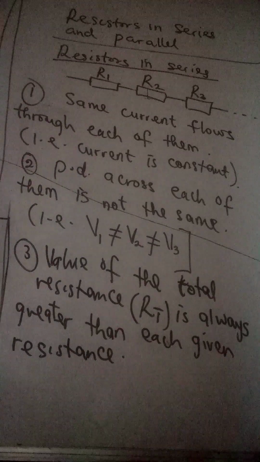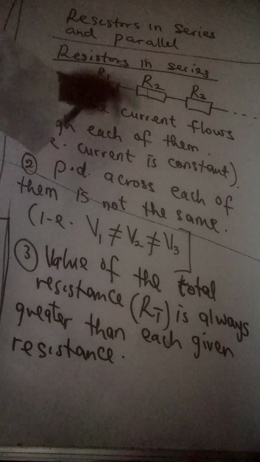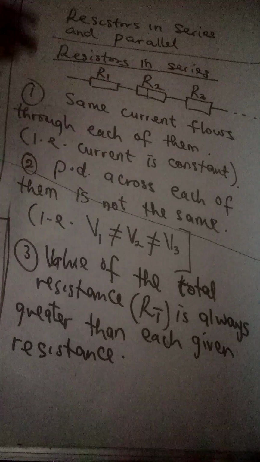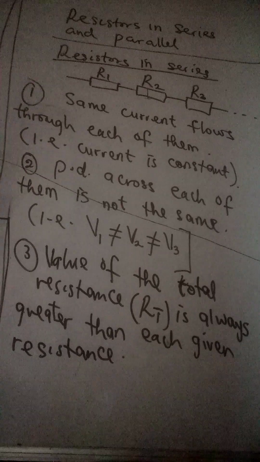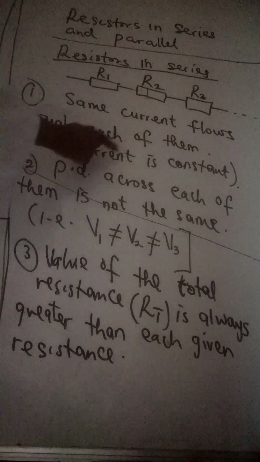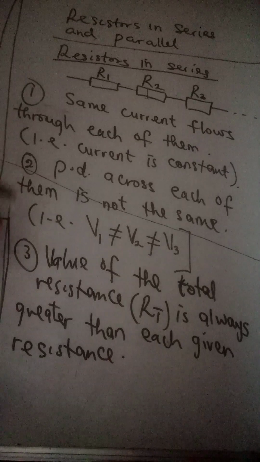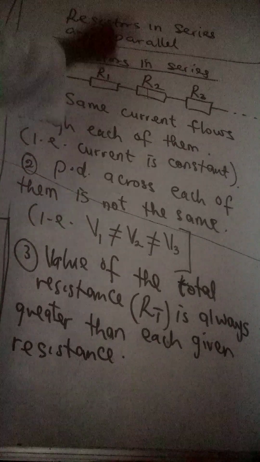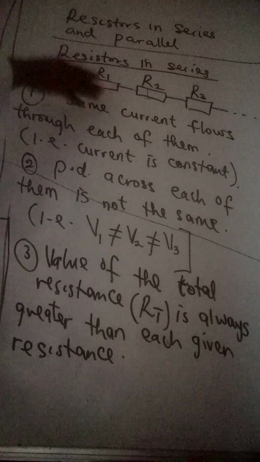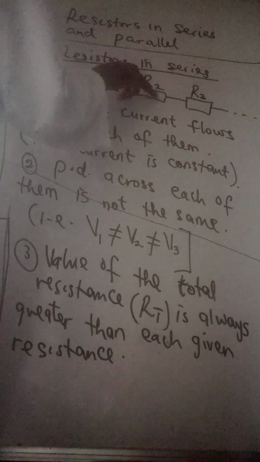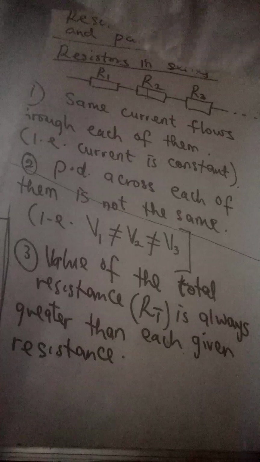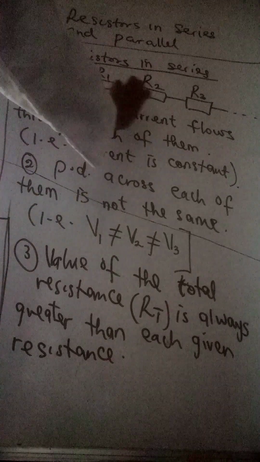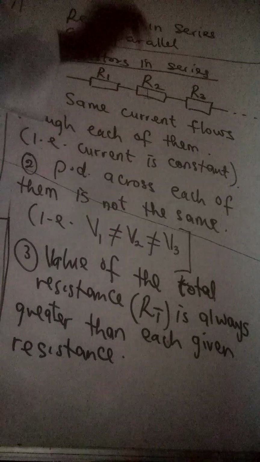First thing, the same current will flow through all of the resistors, even if they are millions in number. That means current is constant. Therefore, if you know the current flowing through resistor 1, you have automatically known the current flowing through resistor 2, resistor 3, and others, if there are others. So the same current can be used for each of them.